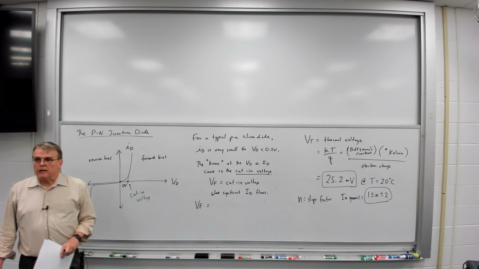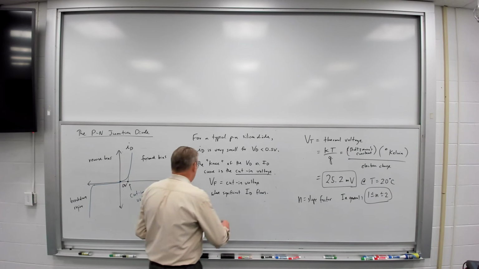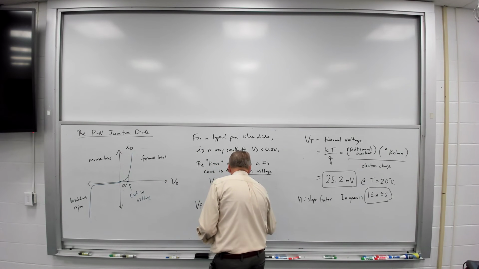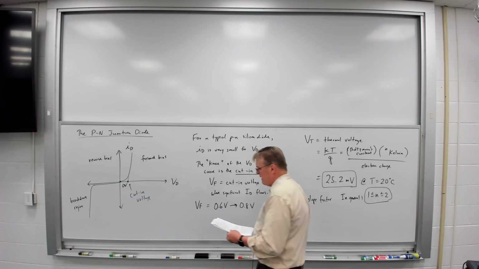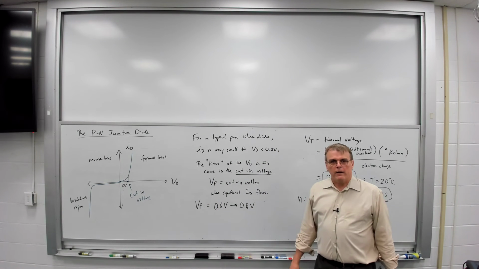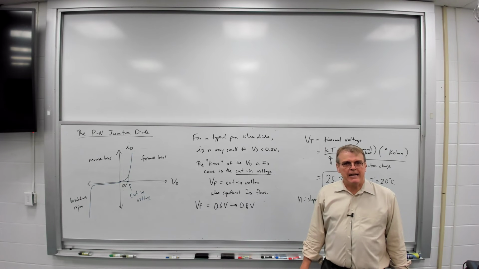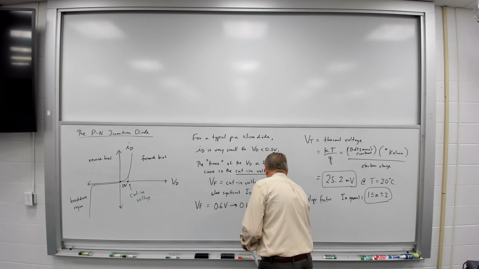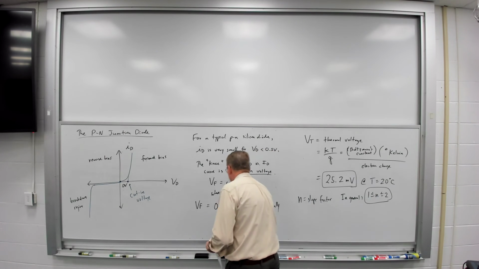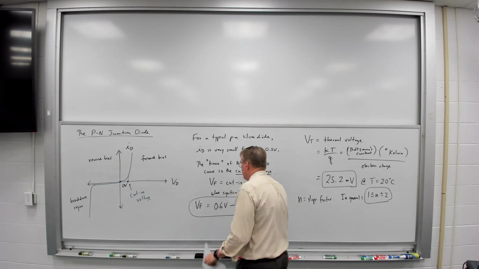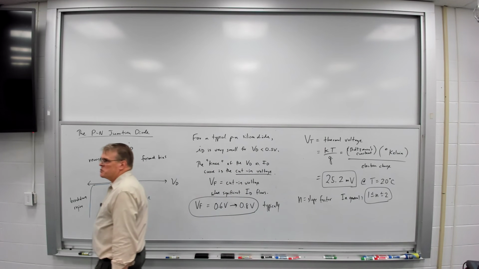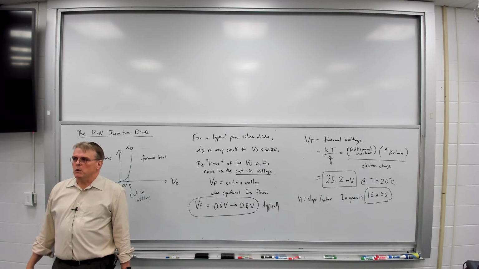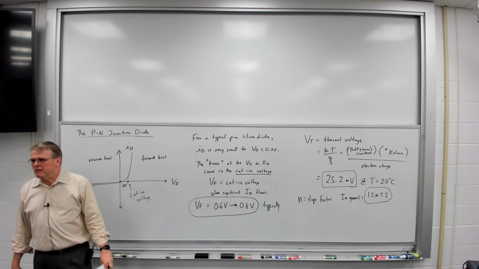Now back to VF, the cut-in voltage. That is typically going to be between 0.6 to 0.8 volts for a standard silicon PN diode. Most textbooks will use a value generally between 0.6, 0.65 or 0.7 volts, and they'll say that's approximately the cut-in voltage.